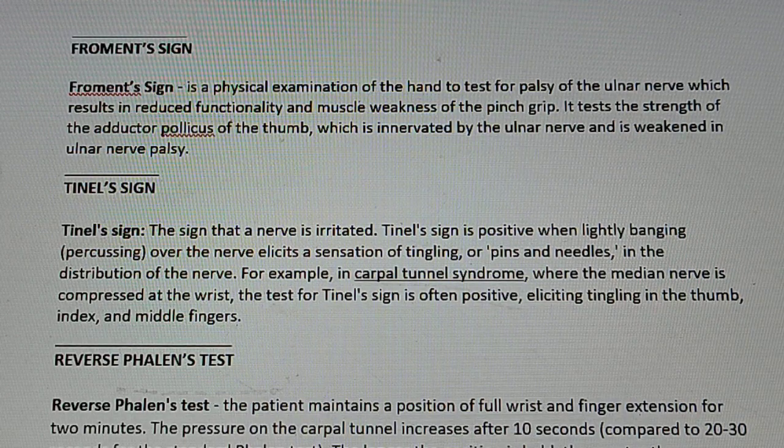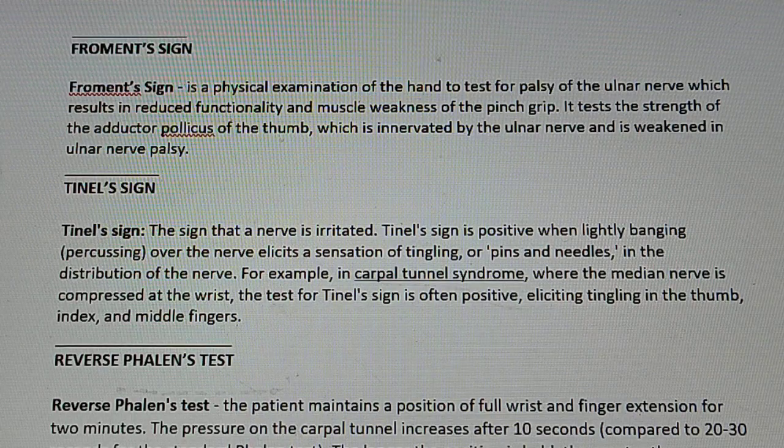Okay, so next is the Tinel sign. Tinel sign is the sign that the nerve is irritated. Okay, so Tinel sign is positive when lightly tapping, percussing over the nerve elicits a sensation of tingling or pins and needles in the distribution of the nerve.